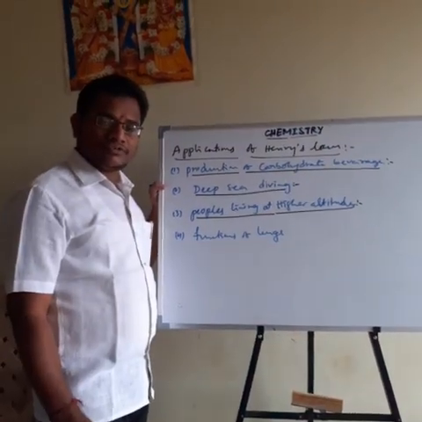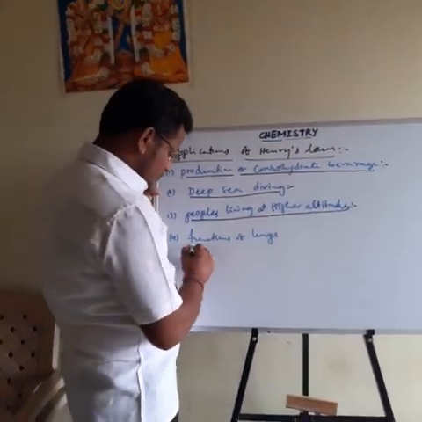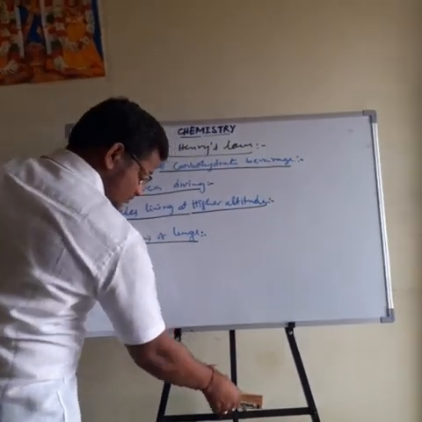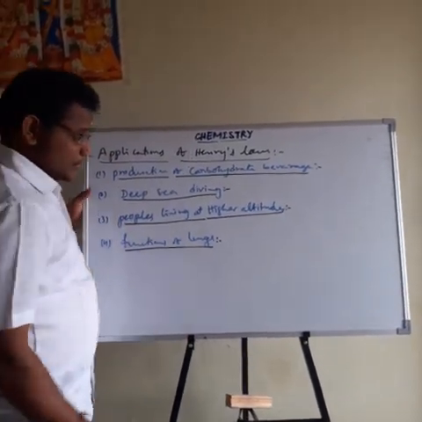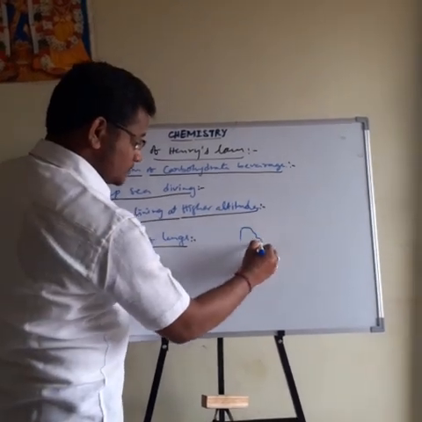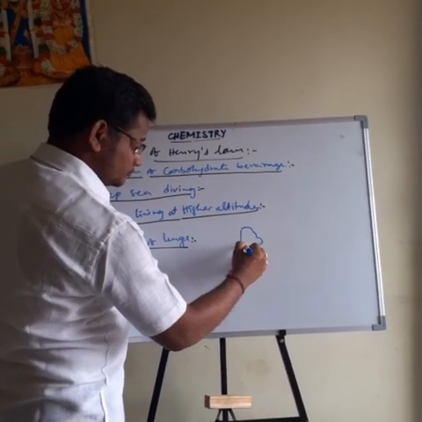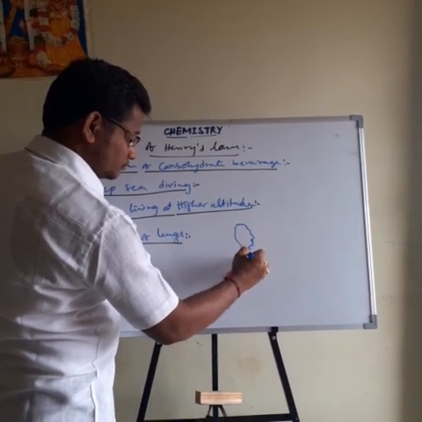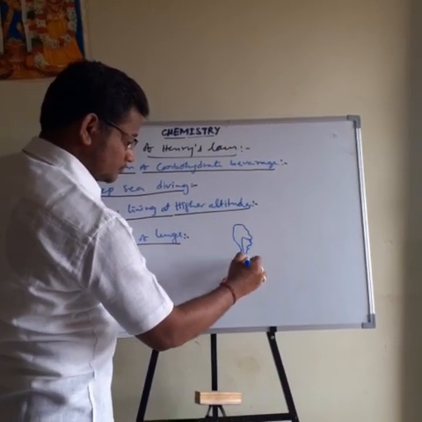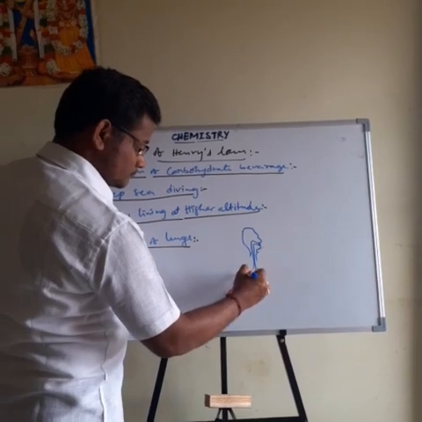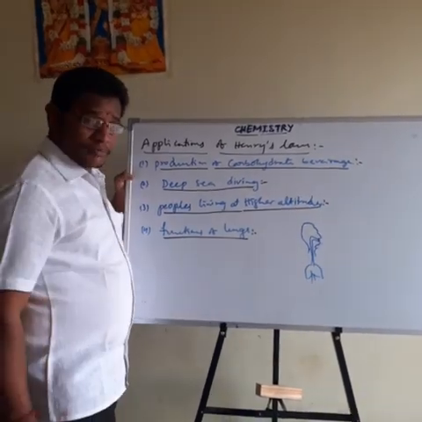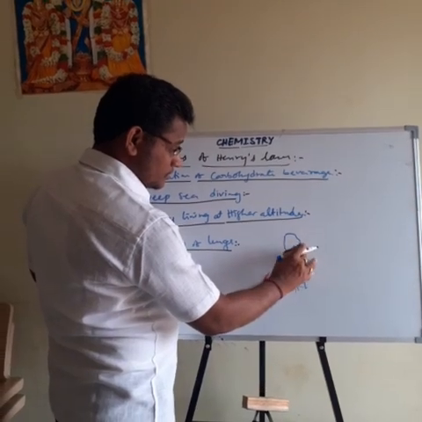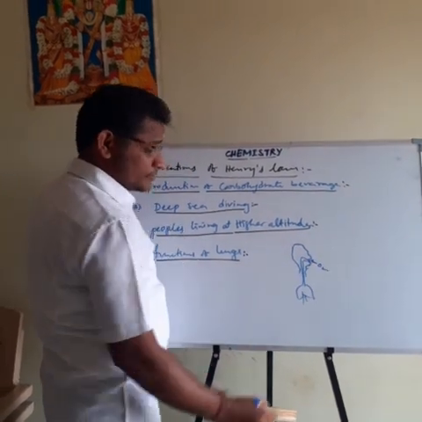The next one is the fourth application, the functions of the lungs. How do the lungs function? See here, for example, this is a person. Generally the person breathes the air.